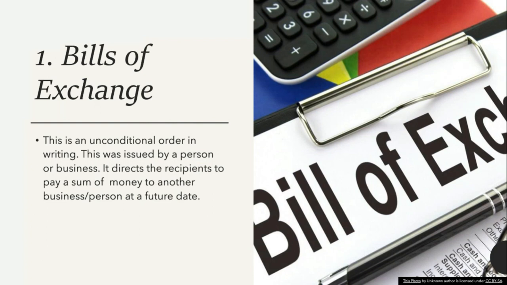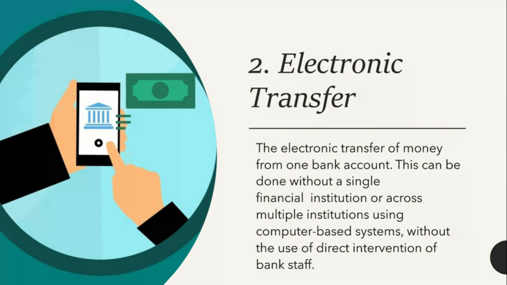So a bill of exchange is an order that is written, right? So the business will say to a recipient that a sum of money should be paid to another business at a future date, right?